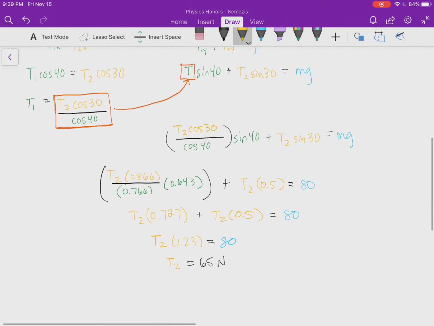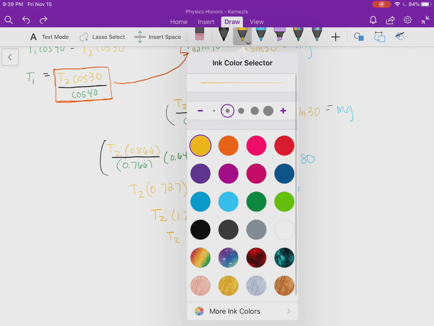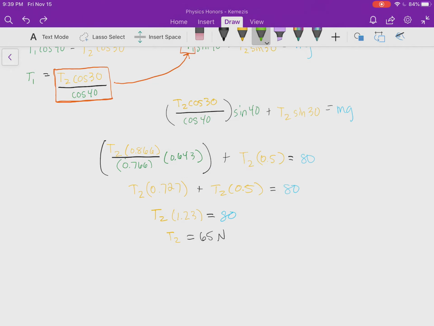Now, what we need to do is solve for T1, which we have an equation for here. T2 times the cosine of 30 divided by the cosine of 40 is equal to T1. So let's plug in to our equation. T1 is equal to T2, which we said is 65 newtons, times the cosine of 30 divided by cosine of 40.